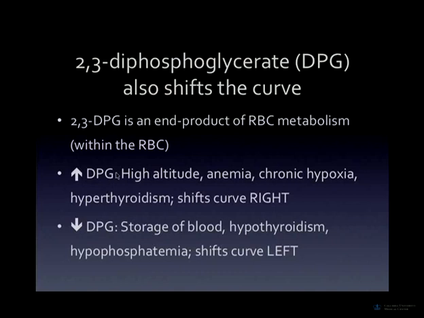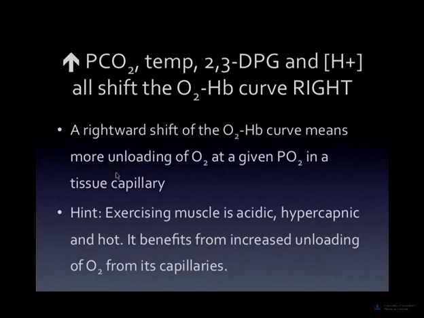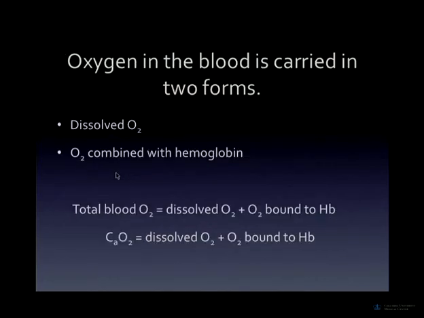And there are several conditions that can raise or lower your 2,3-diphosphoglycerate concentration. So you see that increasing your PCO2, temperature, 2,3-DPG concentration, and hydrogen ion concentration all shift the curve right. And you can kind of remember that because if you have exercising muscle, it's acidic, hypercapnic, and hot, and it does better if you are able to give it more oxygen.